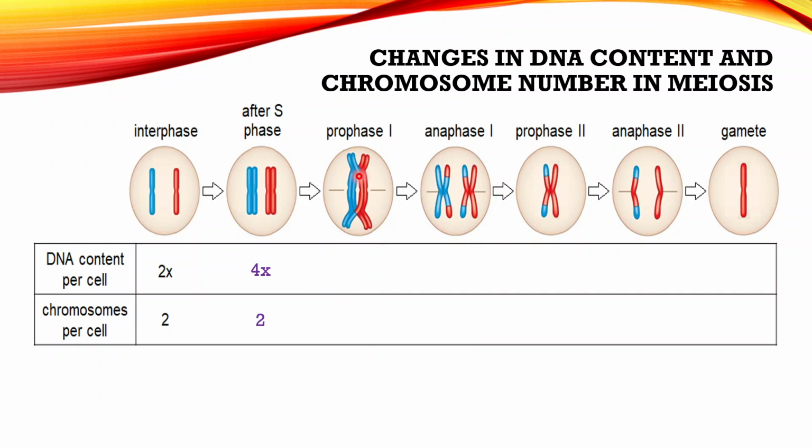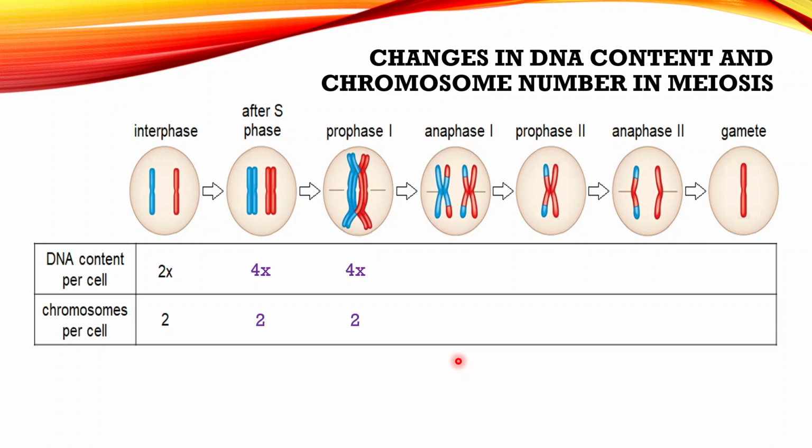So the 2 homologous chromosomes will form a bivalent in prophase 1. That is still counted as 2 separate chromosomes. So it's 1 bivalent, but 2 chromosomes, or the pair of homologous chromosomes. The amount of DNA obviously doesn't change, so that is still 4x.